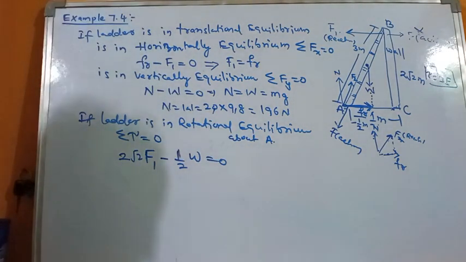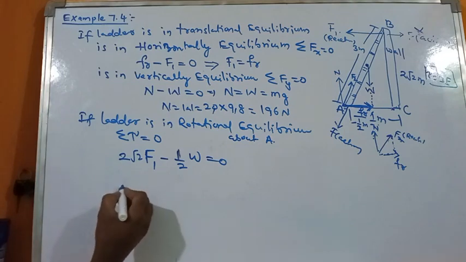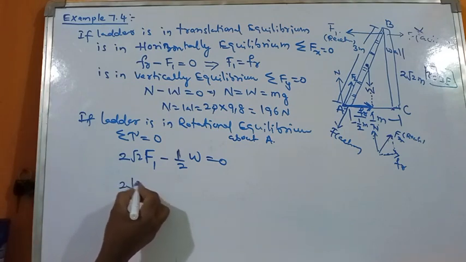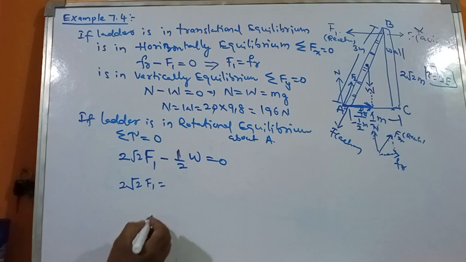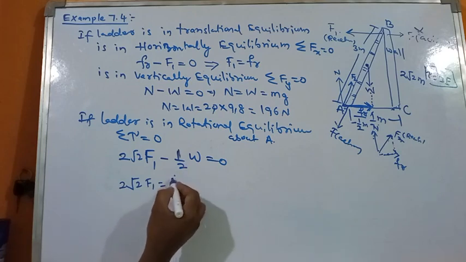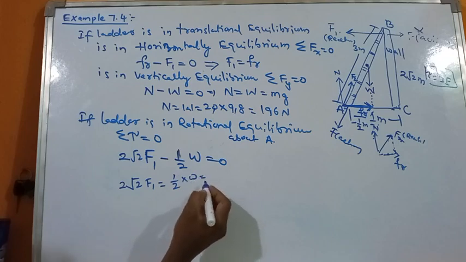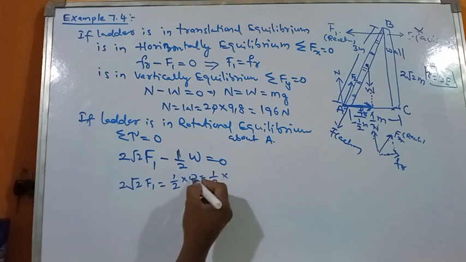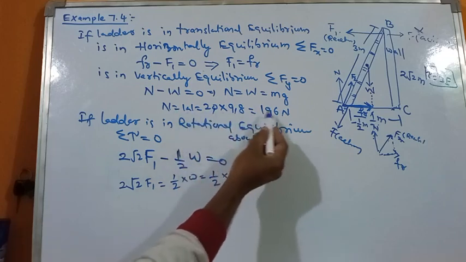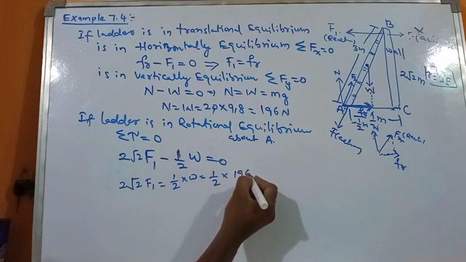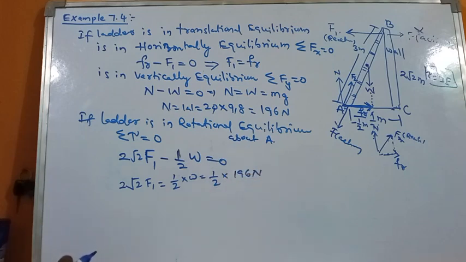Then from this we can write 2 root 2 F1 is equal to half into W, already we got here, that is equal to 196 newtons.